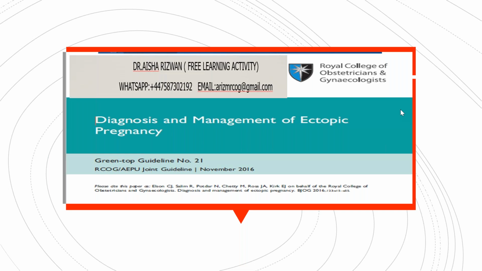The criteria for the diagnosis of interstitial pregnancy are an empty uterine cavity, products of conception or the gestational sac located laterally in the interstitial or intramural part of the tube and surrounded by less than 5 millimeters of myometrium in all imaging planes, and presence of the interstitial line sign.